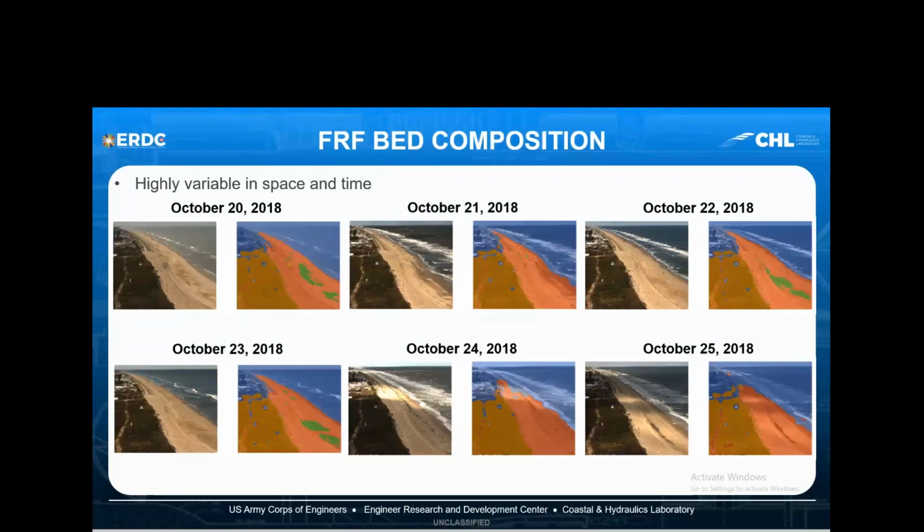Looking at these 6 days from 2018, we can see that the bed composition at the FRF is pretty variable in both space and time. This can help us look at what implications these coarse lag deposits and coarse grain sediment have on our sediment flux into dunes.